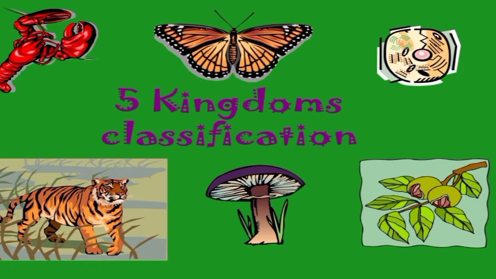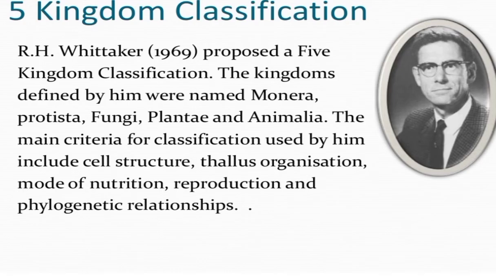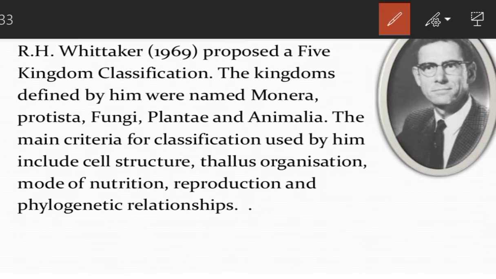So, the five kingdom classification was adopted. Five kingdom classification was proposed by R.H. Whittaker in 1969. Before 1969, the classification systems for the living organisms had undergone several changes over time.